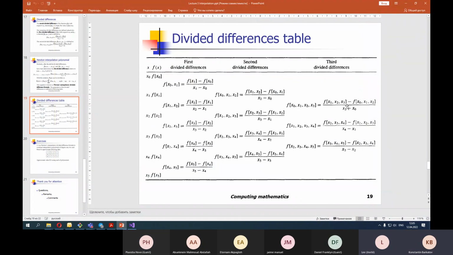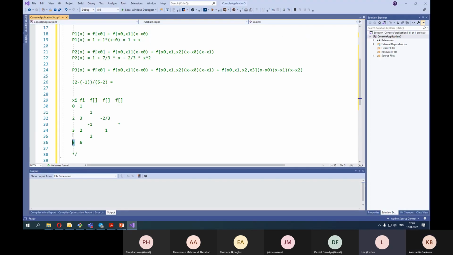When we compute the next divided difference, the distance between the points increases: x3 minus x0 for this divided difference. In our example, it will be the difference between this and this.